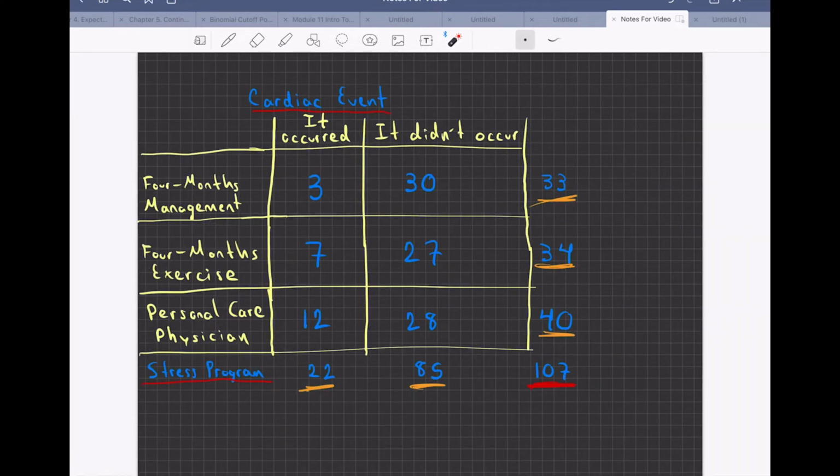So here, for example, I'm going to compute the expected cell count for this one. Notice, this cell corresponds to 2 outcomes, one for each variable. For example, this 3 is what? 4 months management, and a cardiac event occurred. So in this case, I'm going to put here expected count, 4 months, and it occurred.